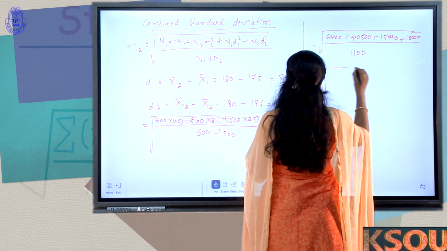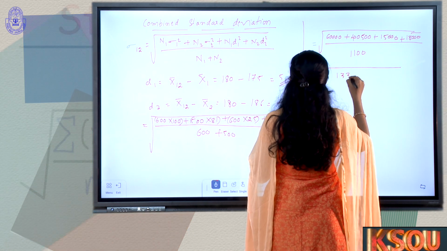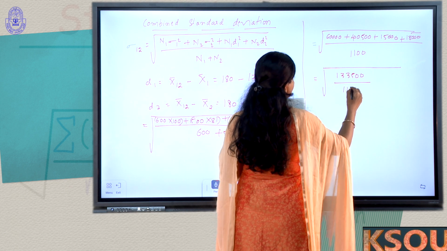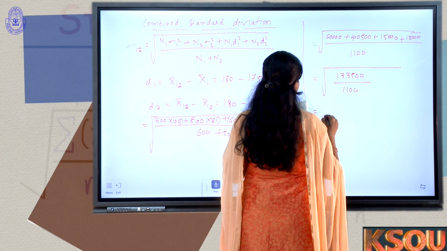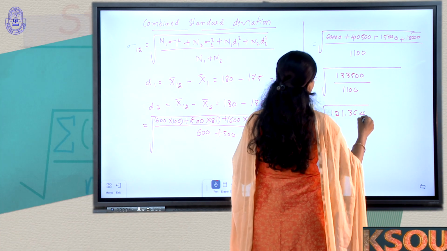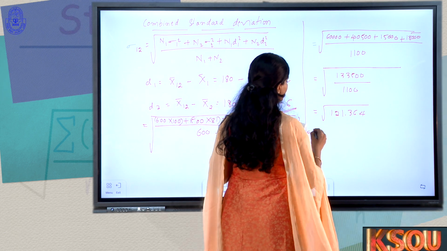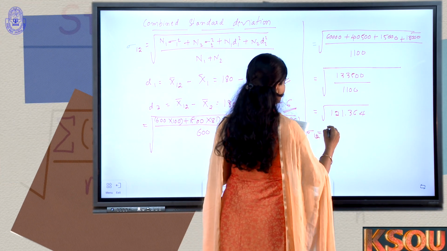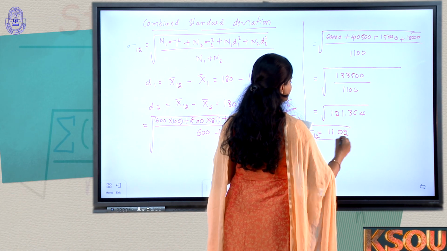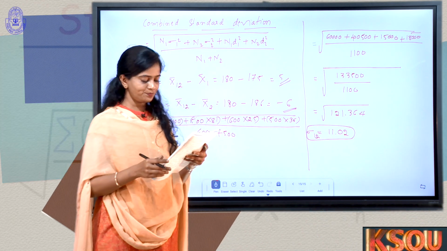So in the numerator finally you will get 1,33,500 divided by 1,100. So that is 121.364. If you take the square root of this value, you will get the combined standard deviation, which is equal to 11.02. So this is the combined standard deviation value.